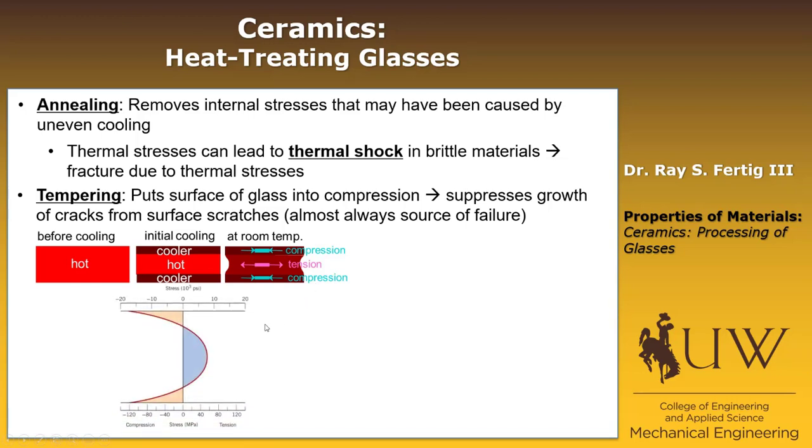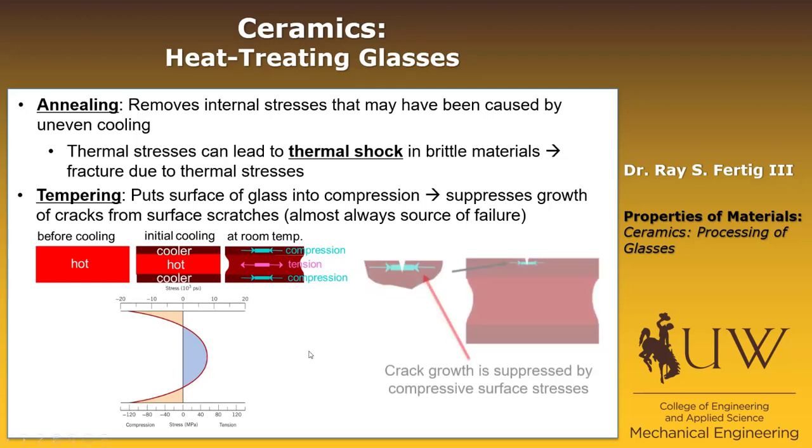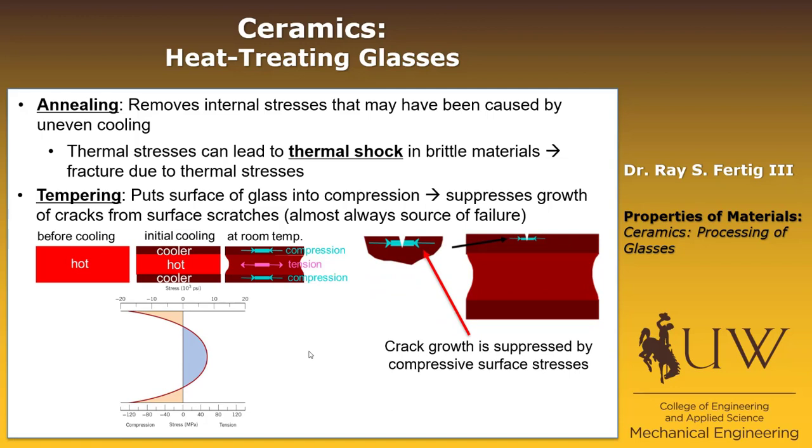And so we end up with a stress profile through the thickness that looks something like this, where these are the surfaces in compression, and the stresses rise up to a tensile stress at the midpoint and then back to compression at the surface. And what that does is it suppresses crack growth were that crack to form.